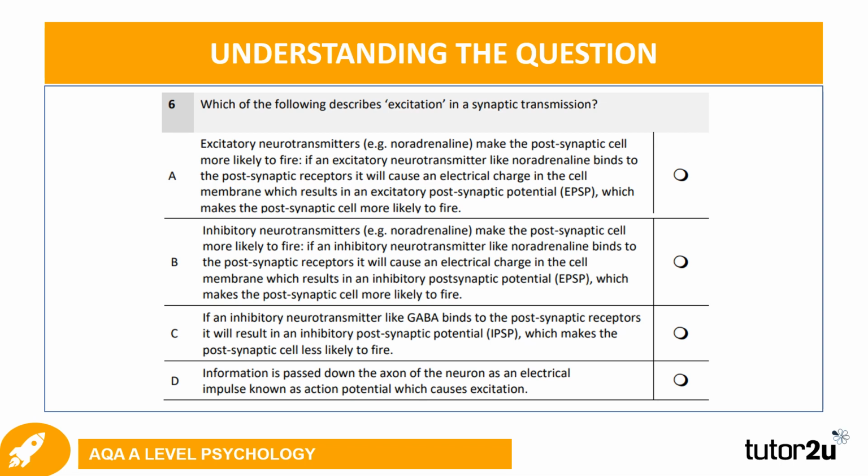Is it C? If an inhibitory neurotransmitter, like GABA, binds to the postsynaptic receptors, it will result in an inhibitory postsynaptic potential, which makes the postsynaptic cell less likely to fire. Or is it D? Information is passed down the axon of the neuron as an electrical impulse known as action potential, which causes excitation.